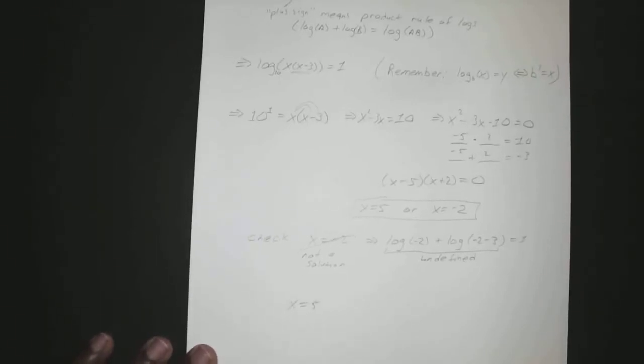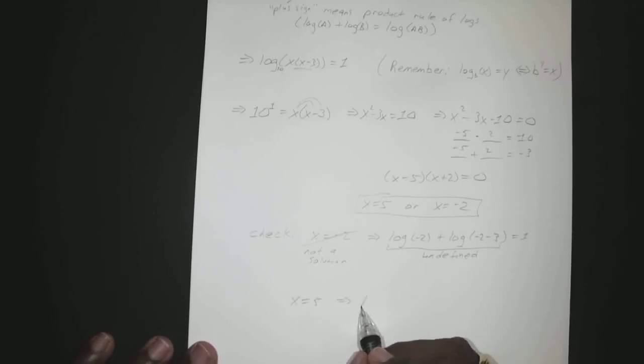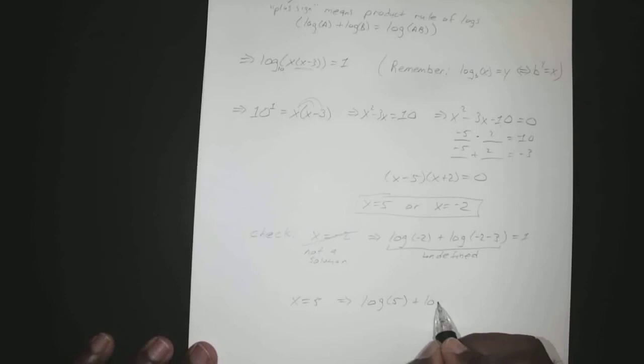But if you plug in x equals 5, you end up with log of 5 plus log of 5 minus 3 equals 1. This gives you log of 5 plus log of 2 equals 1.